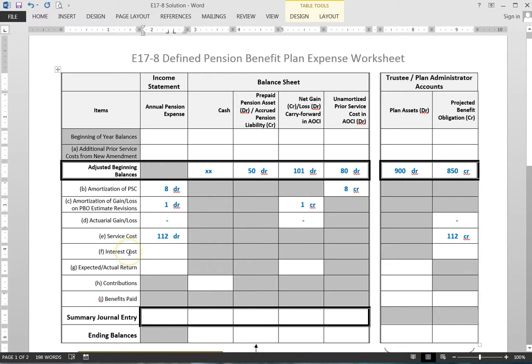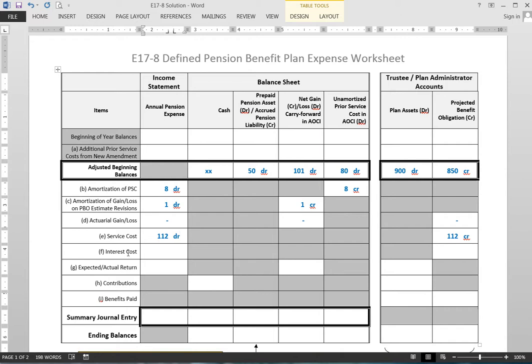Interest cost is the reversal or partial reversal of the discounting effect. The projected benefit obligation is the net discounted cash flows or expected benefits for our employees.